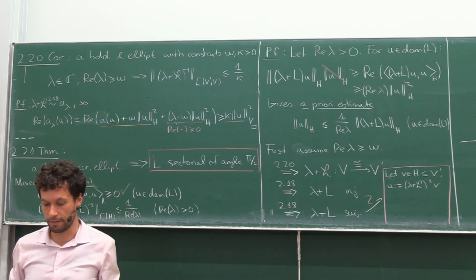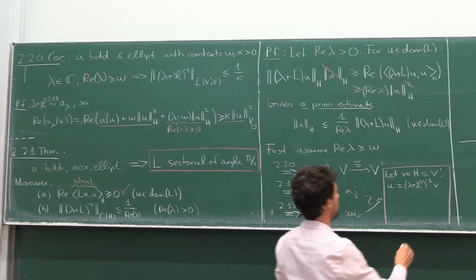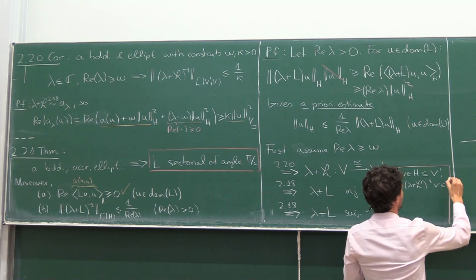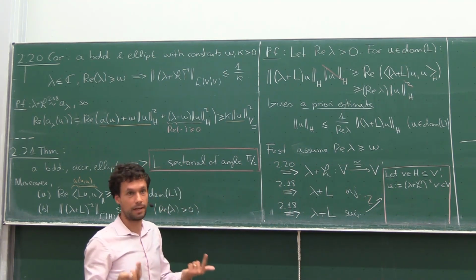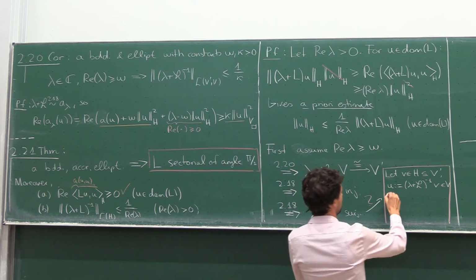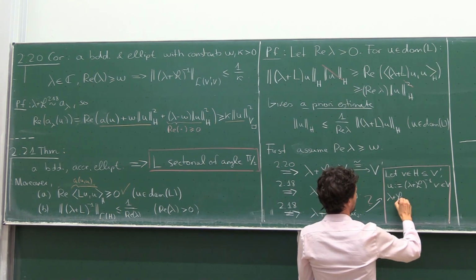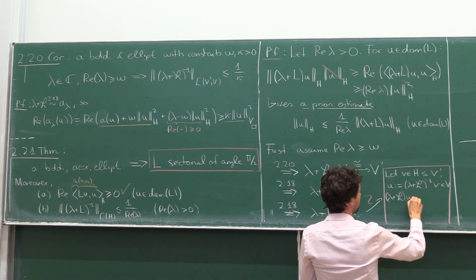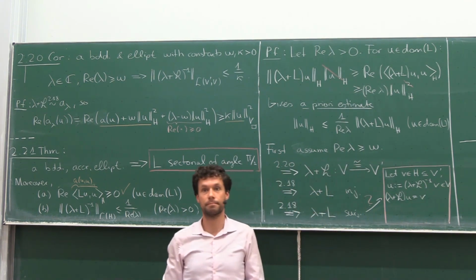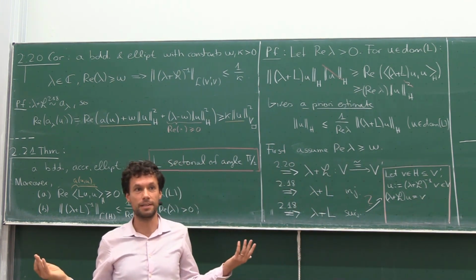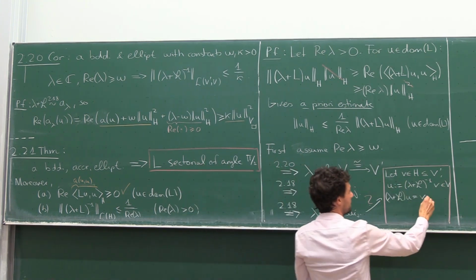This guy is just defined, and this guy is sitting in V. Now, what happens if I apply lambda plus script L to it? Well, lambda plus script L of U is V. But surprise, V is in H, because that's where I picked it.